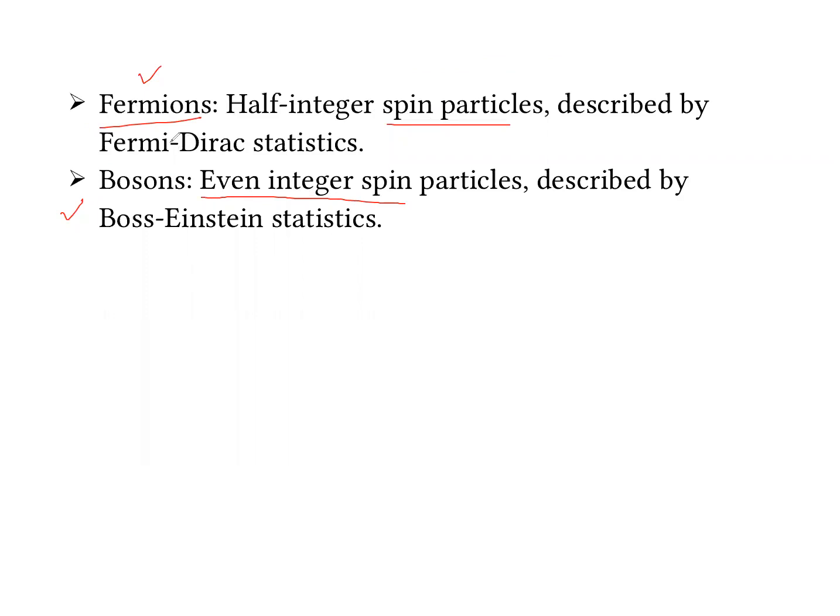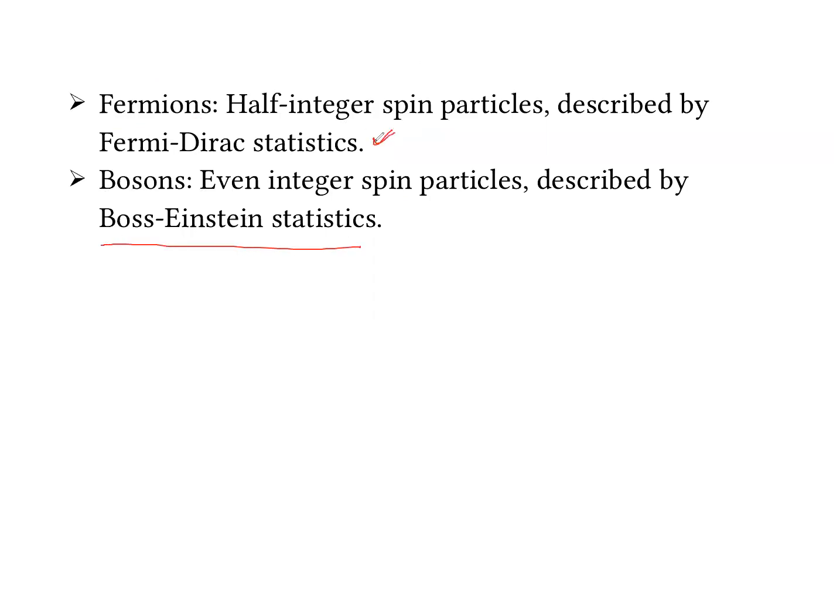When we deal with a collection of fermions or bosons, like a gas of fermions, with many protons together in a certain space, they have to follow certain statistics called Fermi-Dirac statistics. The bosons follow Bose-Einstein statistics.